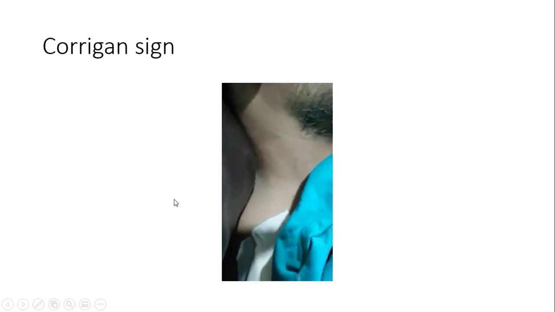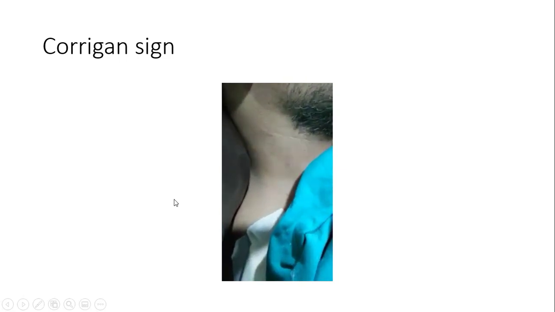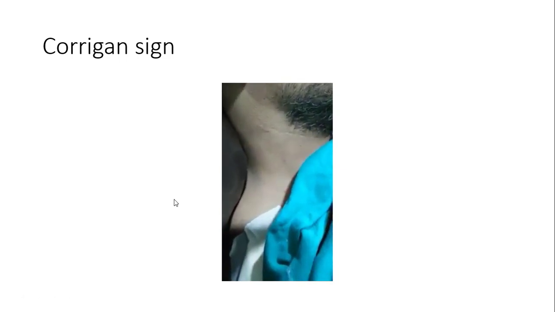If this is associated with head nodding, this is called de Musset sign. And this again is the Corrigan sign. I will play this video for you. Hopefully you can appreciate the prominent carotid pulsation.